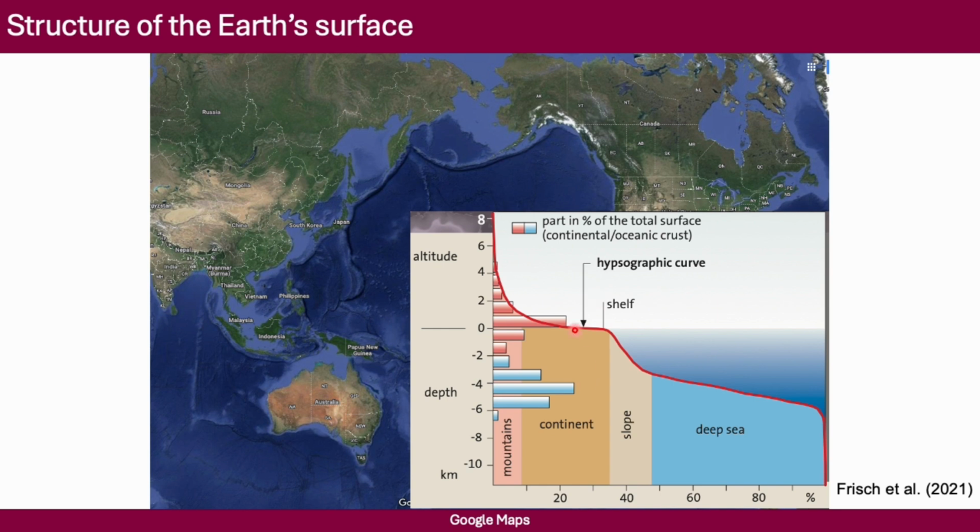So this bimodal distribution suggests that continental crust and oceanic crust are fundamentally different. In the next slide, I will explain why continental crust is generally higher than oceanic crust.